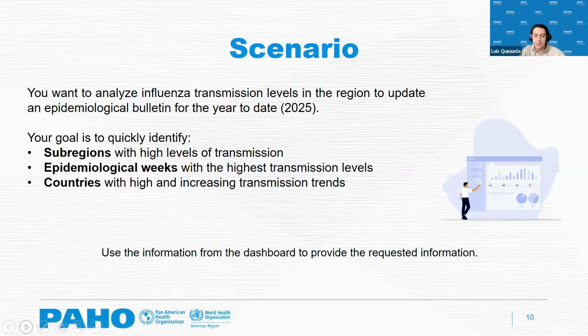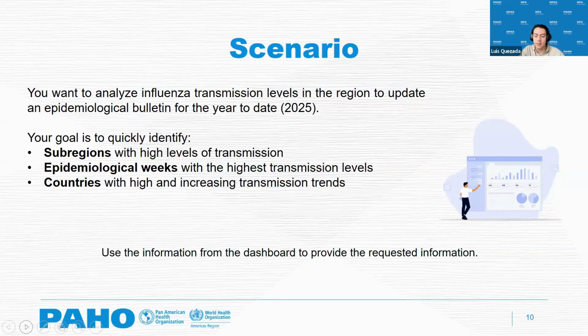to follow up on a case analysis on the different levels of influenza in a region because we need to update our epidemiological bulletin up to 2025. Our goals would be to identify the regions that have high levels of transmission. We are going to analyze epidemiological factors with higher transmission rates.